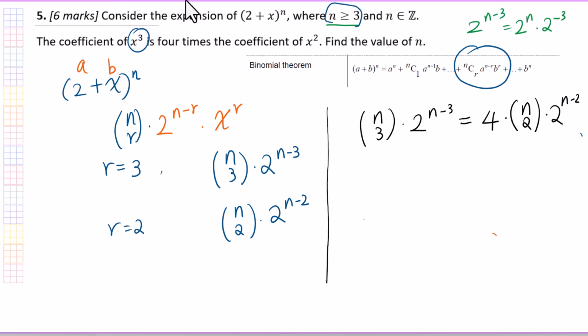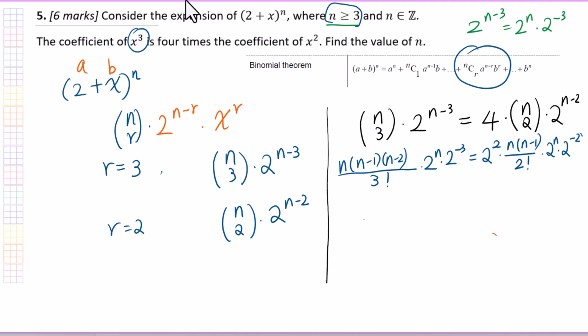Now we will change the combinations into algebraic form: n times n minus 1 times n minus 2 over 3 factorial times 2 to the nth power times 2 to the negative third power equals 4, which is 2 squared, times n times n minus 1 over 2 factorial times 2 to the nth power times 2 to the negative second power.